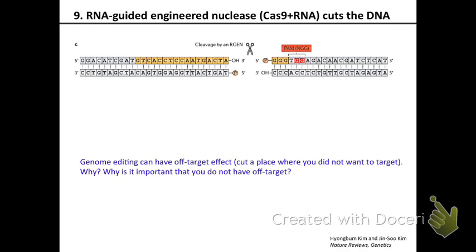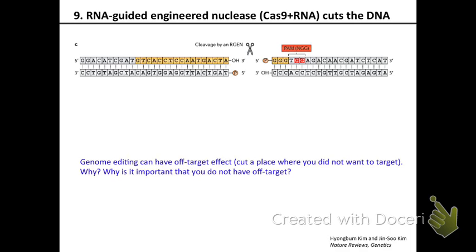So if by mistake you had that sequence somewhere else in the genome, or a sequence that resembles very much this 20 base pair guide sequence here, but might have one or two mismatches, sometimes the Cas9 sgRNA complex makes a mistake, and it recognizes even that sequence and cuts it. Okay, so giving you an off-target effect. Why is it important that you do not have an off-target effect?